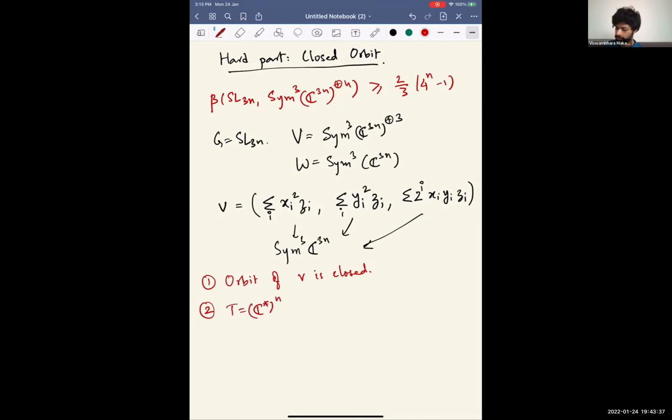And so if I have t1 to tn, it's going to act on xi as ti xi, yi as ti yi, and zi as ti to the minus 2 zi. And so that's an action. And basically this is the stabilizer of V.